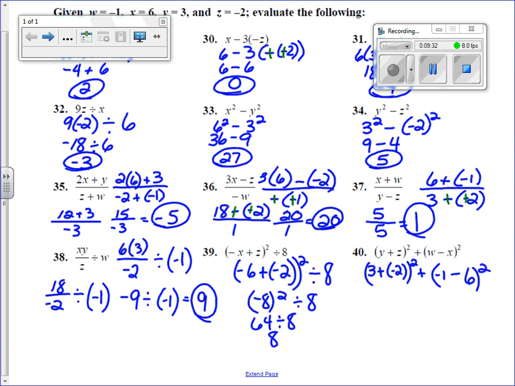So 3 plus negative 2, that's going to give me 1 squared, plus negative 1, remember that minus 6, I'm going to add the opposite. So negative 1 plus negative 6 is going to give me negative 7 squared. 1 squared is 1. Negative 7 squared is 49. And my answer is 50.